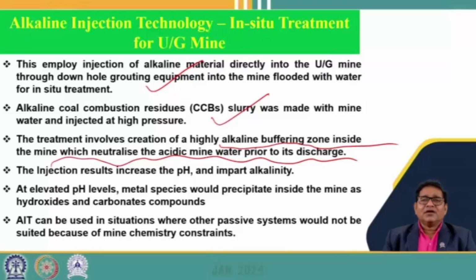At this elevated pH, whatever metal species are present in the acid mine drainage get precipitated inside the mines in the form of their hydroxide and carbonate compounds, and they are removed, and the rest of the water is pumped out. So this is basically the AIT technology, an in situ technology used in situations where other passive treatment systems cannot be applied because of mine chemistry constraints.